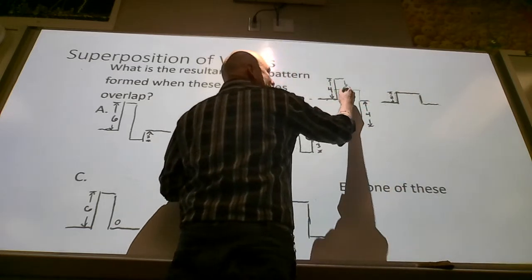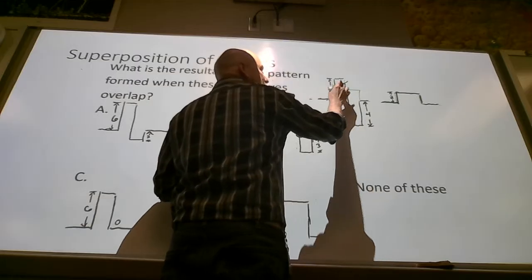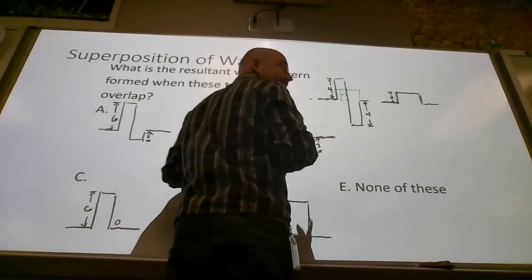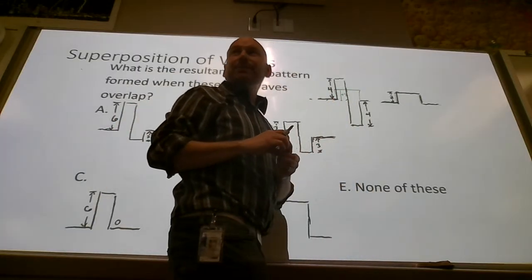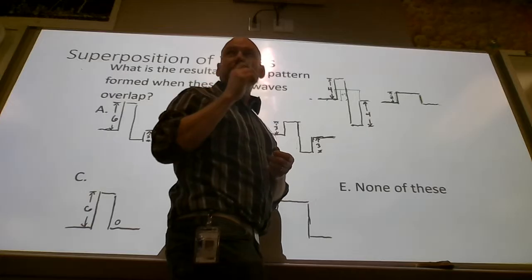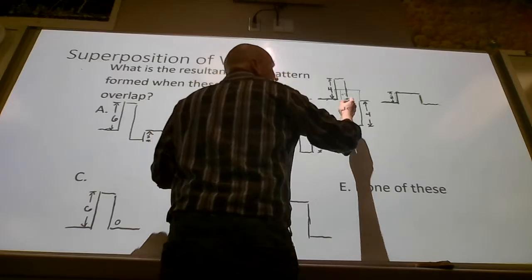At this moment in time, this has a +2, this has a +4. So you get a +6. Is that constructive or destructive interference? Constructive. They're going the same way.